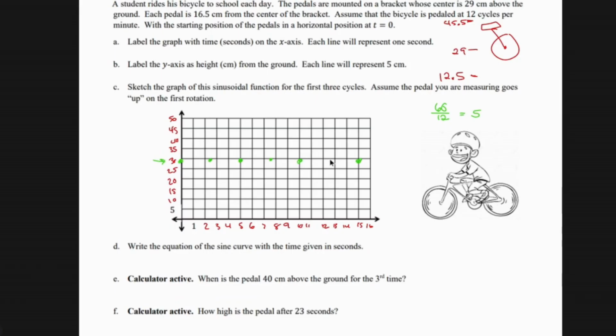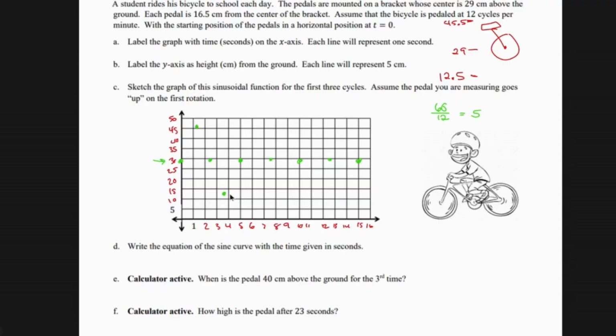Halfway through, it's 29. Halfway in between that, we hit our peak at 45.5. So right around there. Halfway in between here, boy, this is unpleasant. We bottom out at 12.5, so right in the middle.